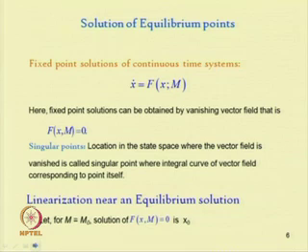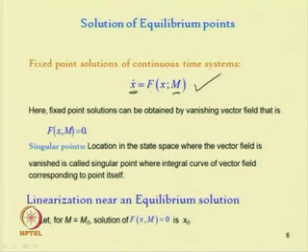To obtain the stability, let us take a one dimensional equation, which can be written in this form: x dot equal to f(x, mu), where mu is the control parameter. To find the equilibrium position, we put the time derivative term x dot equal to 0, so it reduces to f(x, mu) equal to 0.